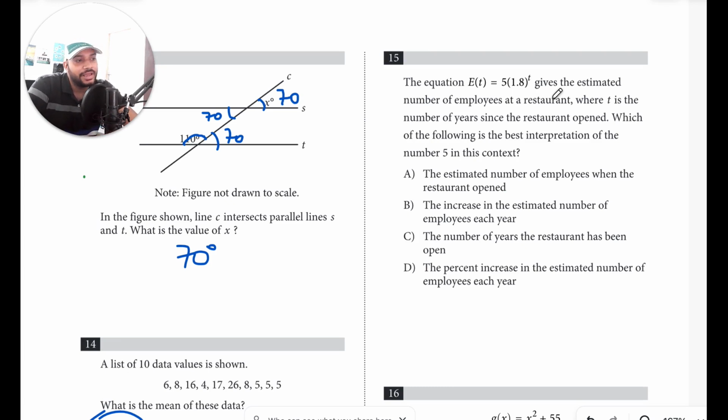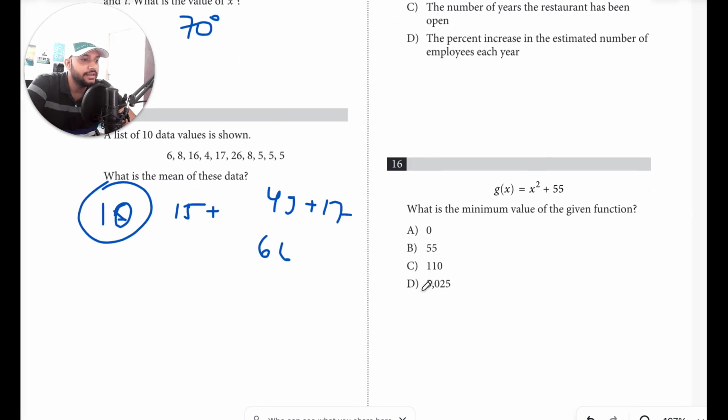For the interpretation of 5, let's put t is equal to 0. So when no time had passed, if t is equal to 0, 1.8 raised to 0 is 1. That means E of 0 is 5. That means at 0 years, or at the beginning of the restaurant, there were 5 people who started the restaurant. Okay. So the estimated number of employees when the restaurant opened. That's correct. A.